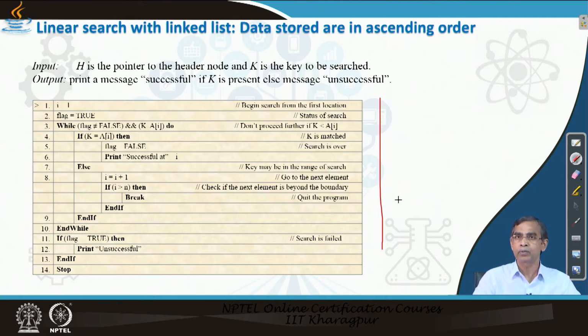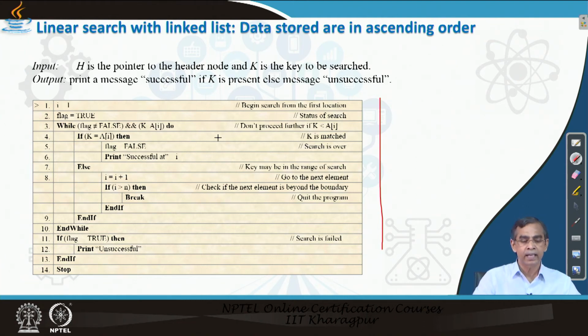Start from the first node and move to the next depending on two conditions: the element is not found, or the element is less than the target element we are trying to find. We continue, and we stop under two situations: when we find the element, or we reach the end of the list.